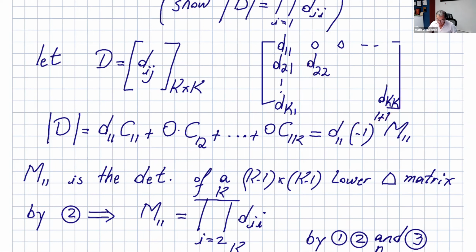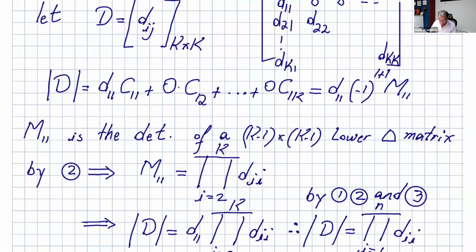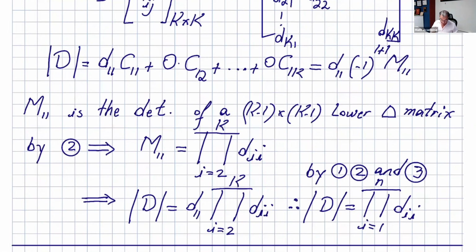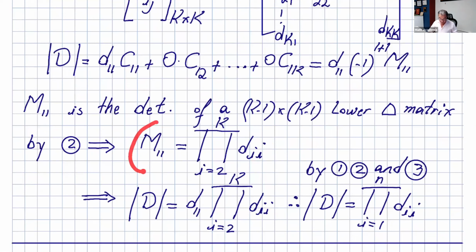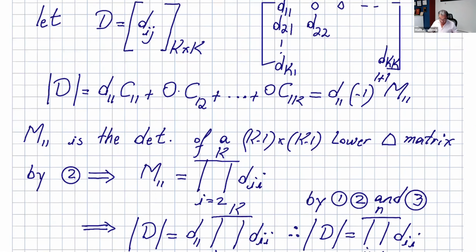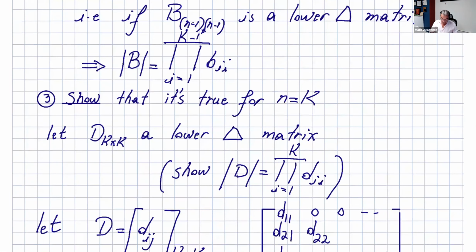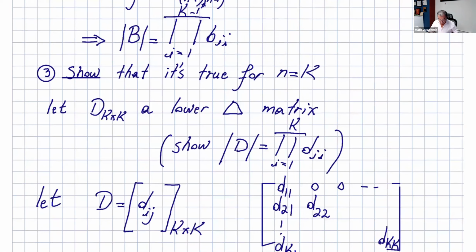Now let's say M11 is the determinant of a k minus 1 by k minus 1 lower triangular matrix. I wrote it for you here. And basically M11 is exactly like the matrix B.